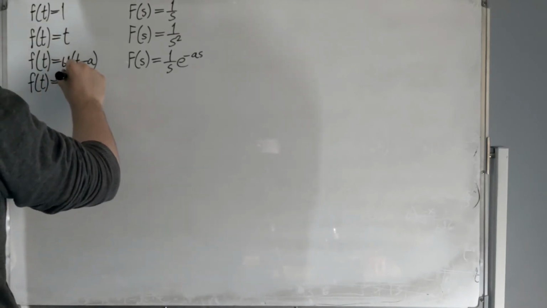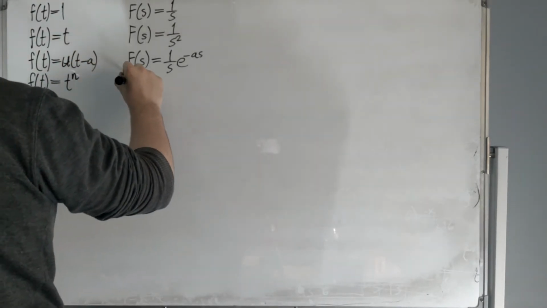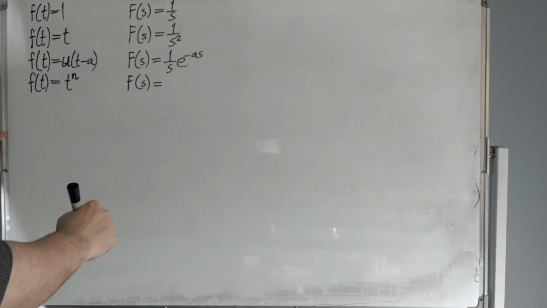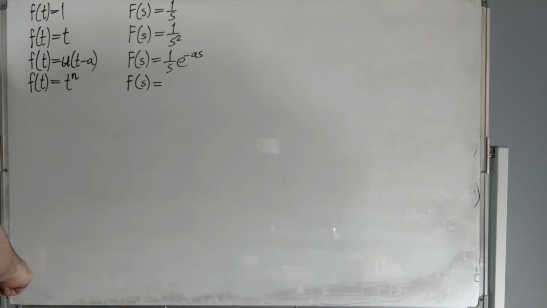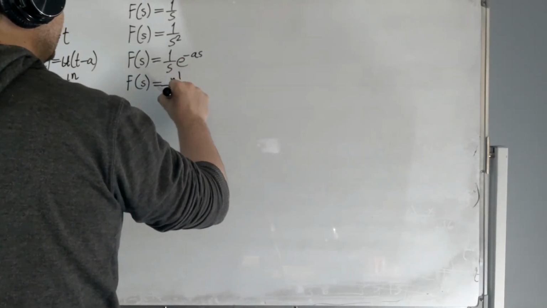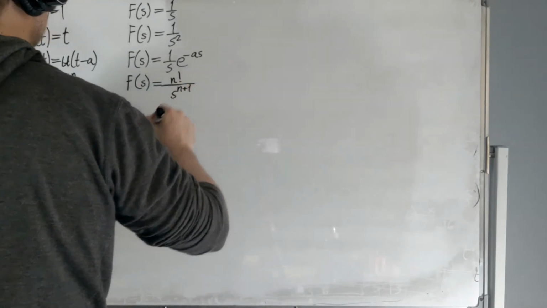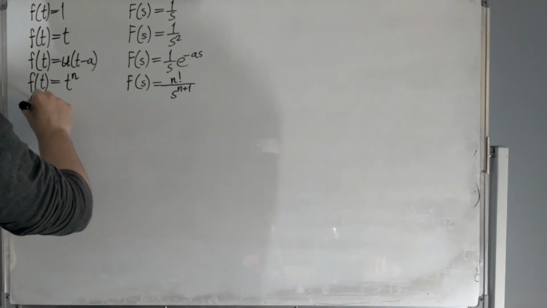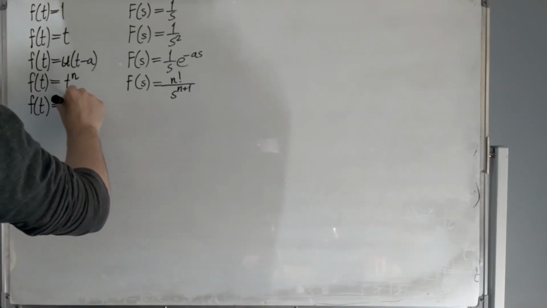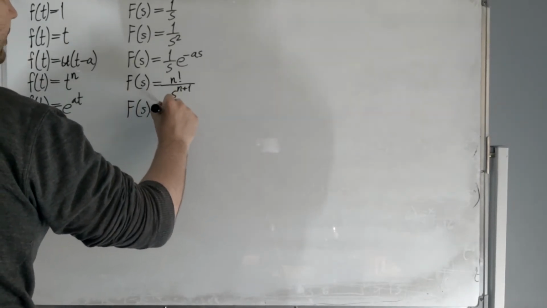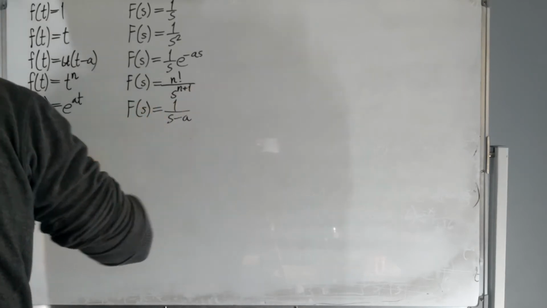So t to the n, the Laplace transform is going to be n factorial divided by s to the n plus 1. E to the at for a real value a, the Laplace transform is going to be 1 over s minus a.